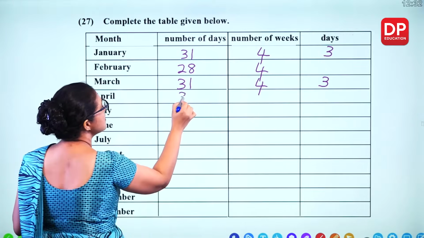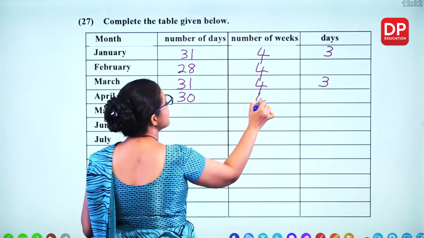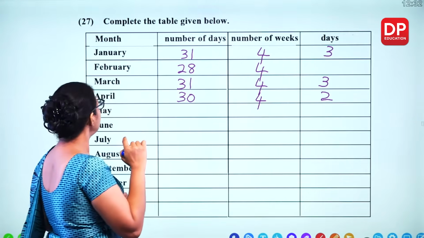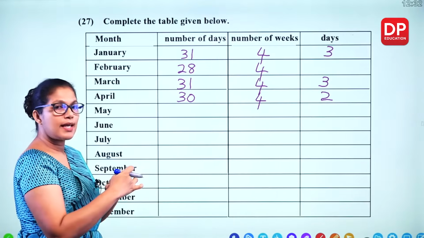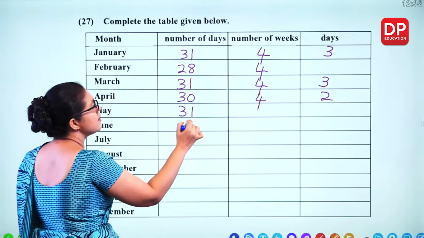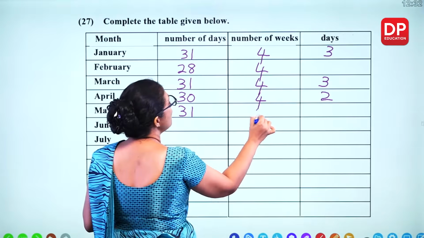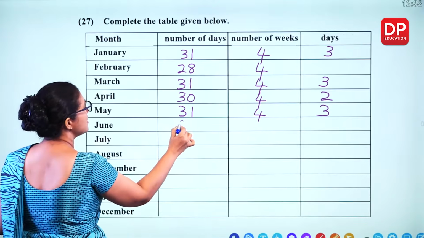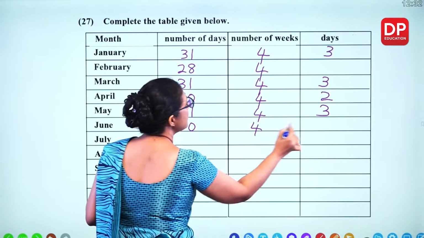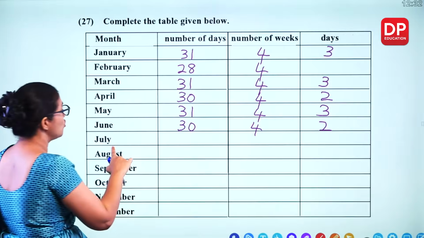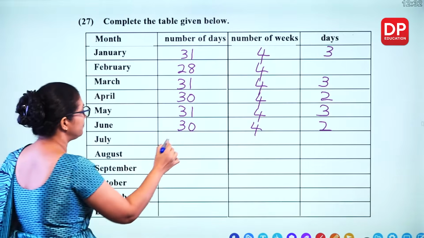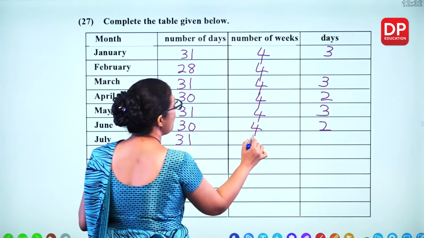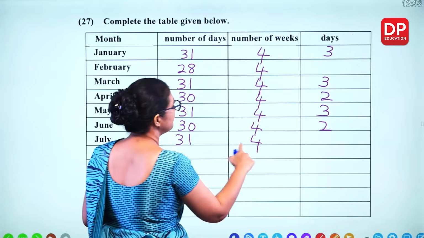April, that's 30. 4 weeks, that's 28 and 2 remaining, so 2 days. May, again 31. That means 4 weeks and 3 days. June, 30. 4 weeks and 2 days. July, again 31. That means 4 weeks and 3 days.